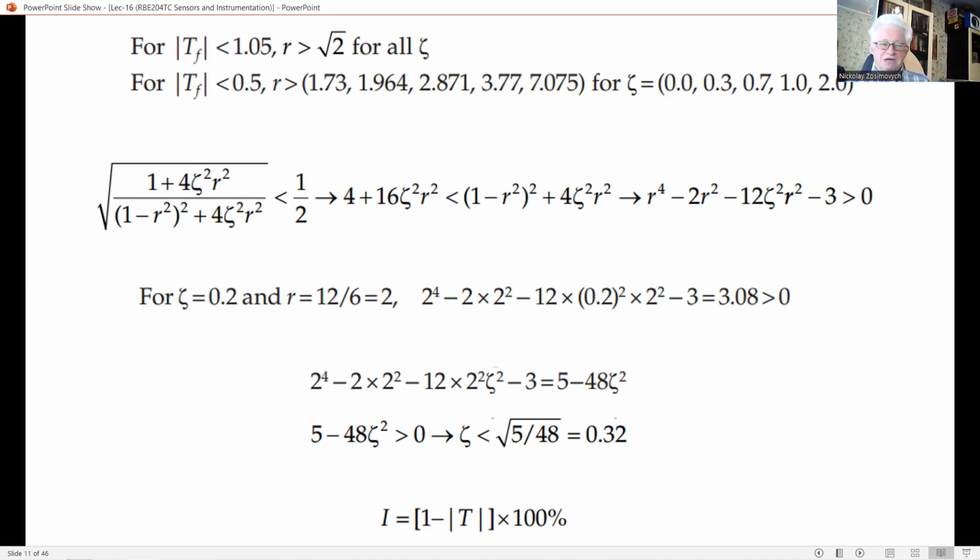In this case, we need this second equation.